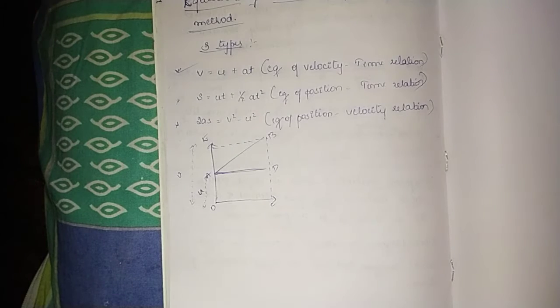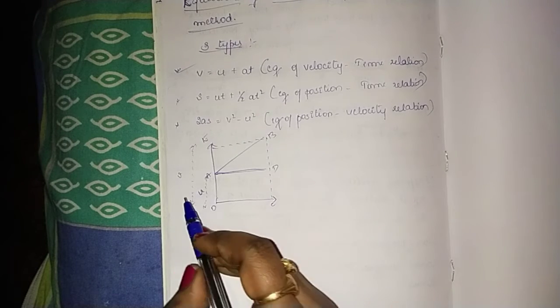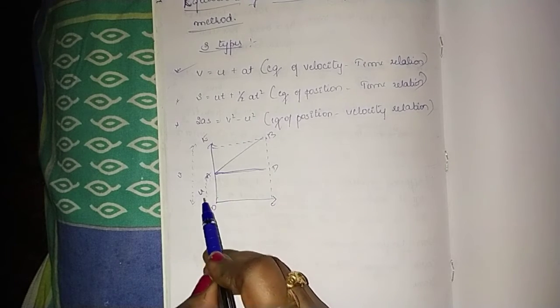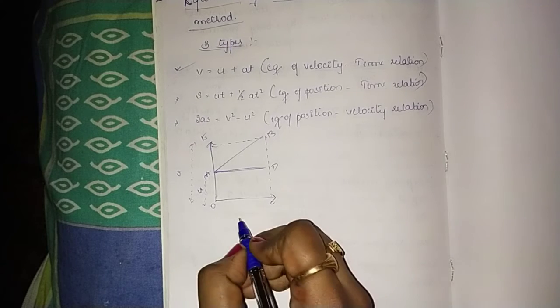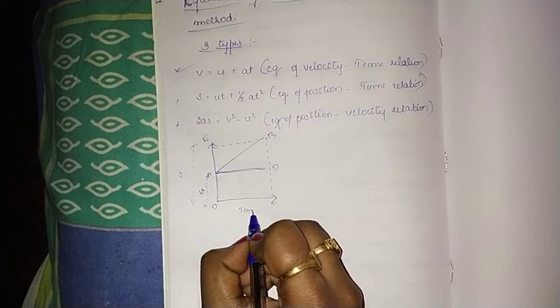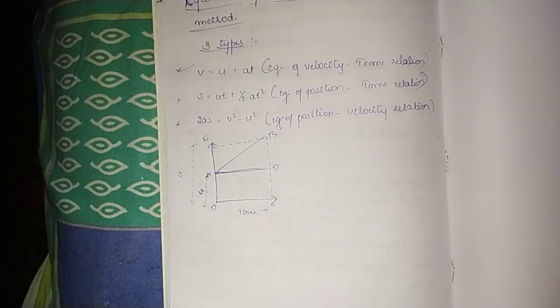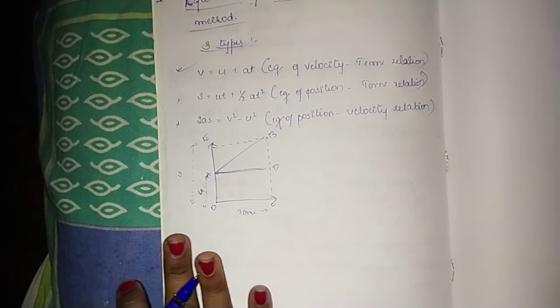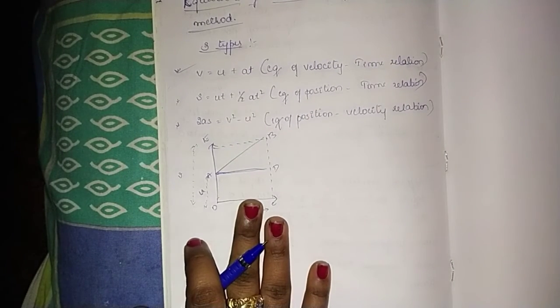You can take E here. So V means final velocity, U means initial velocity, and here OC is the time taken. I hope this is clear with the graphical method.